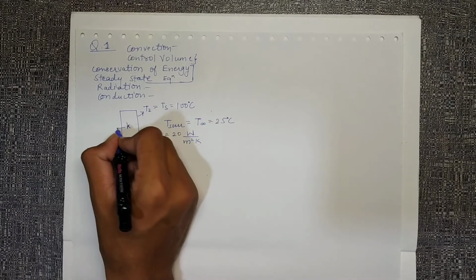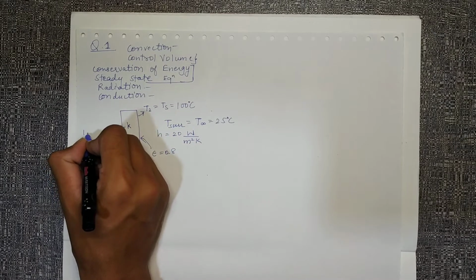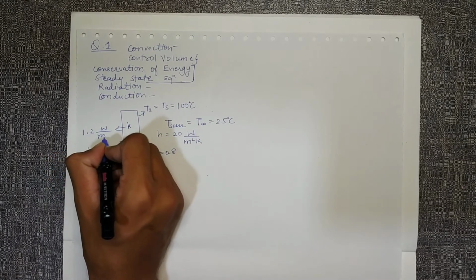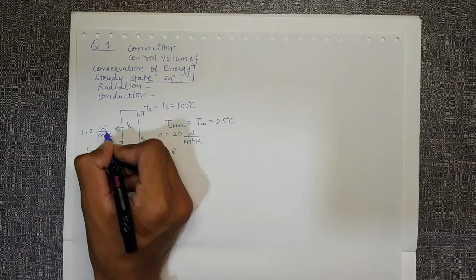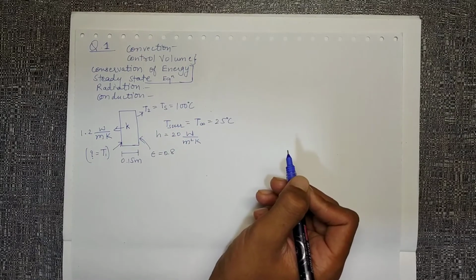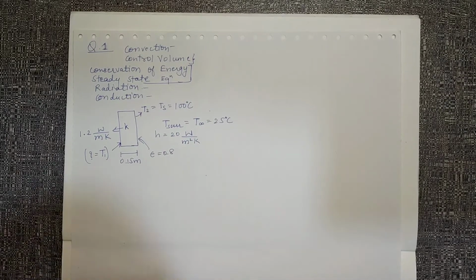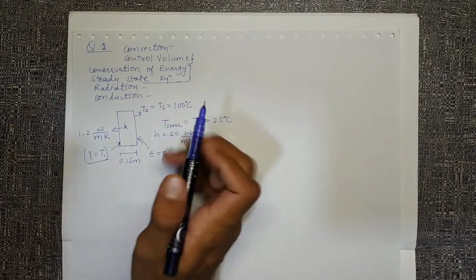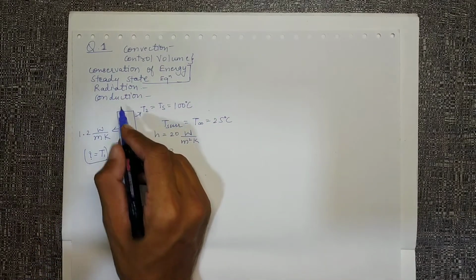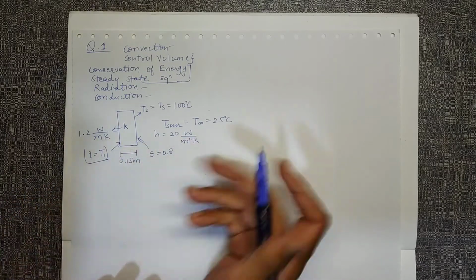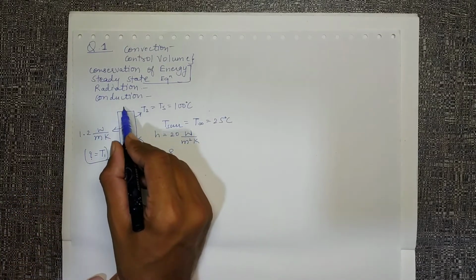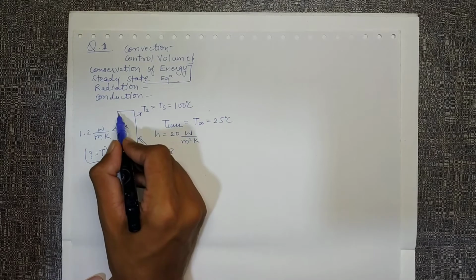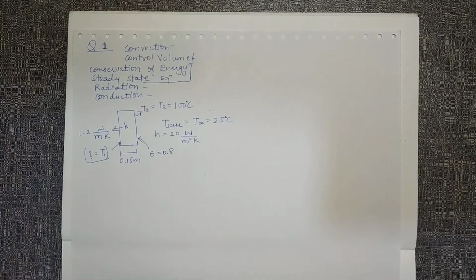The K value over here is 1.2 watts per meter Kelvin. So I think all the details are given. What we need to find out is this temperature. All the details related to energy transfer on this side are given, and we need to find out the energy transfer over here.